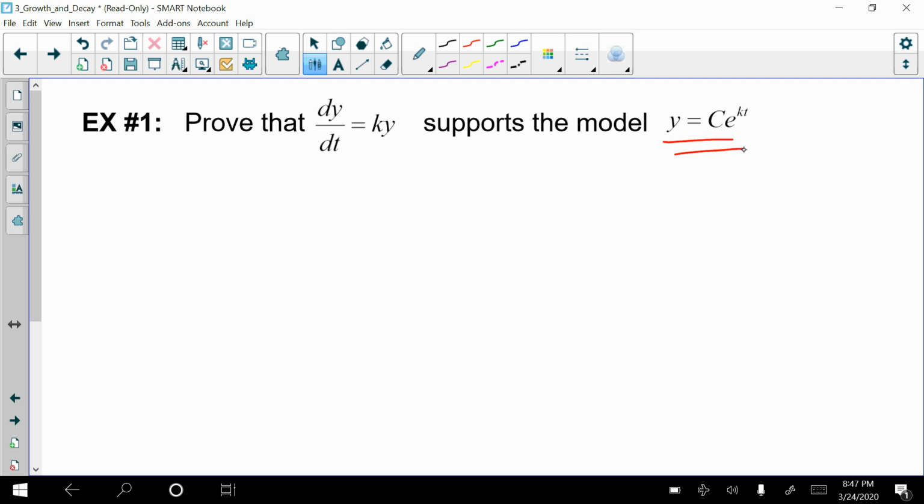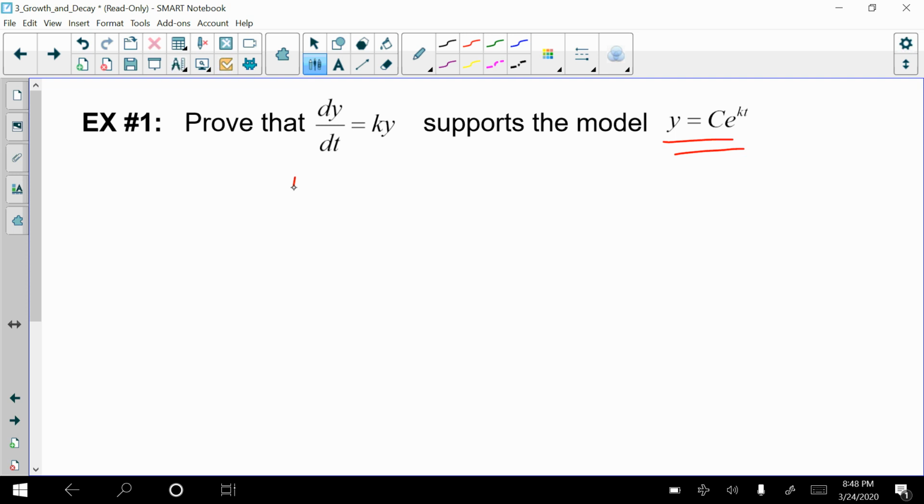Well, we have the differential equation dy over dt is equal to k times y. And this is a separable differential equation, meaning we can isolate the variables of the equation on one side. So I'm going to begin by multiplying both sides by 1 over y to remove it from the right side of the equation.